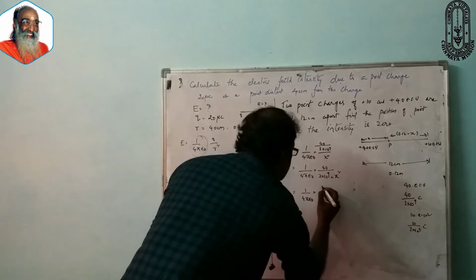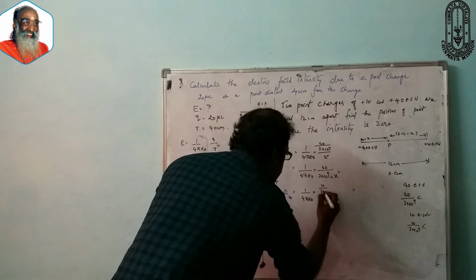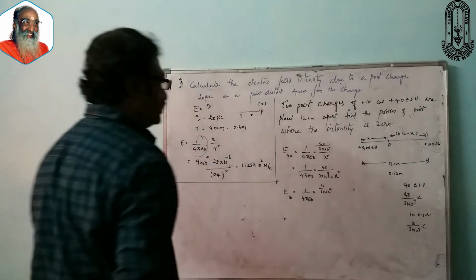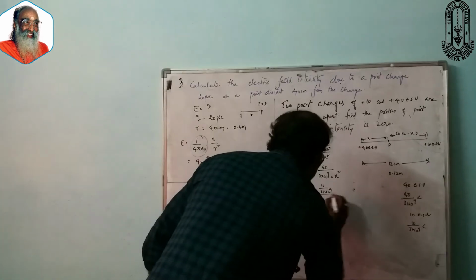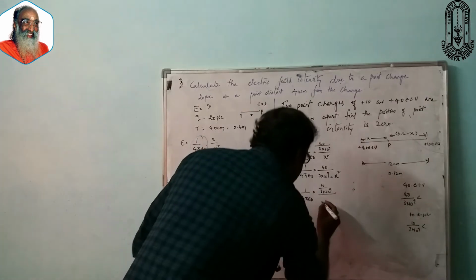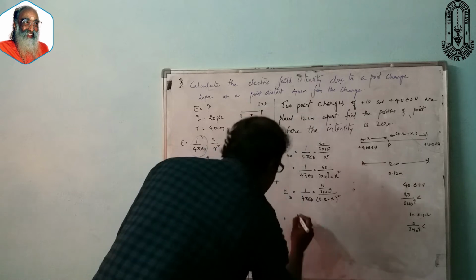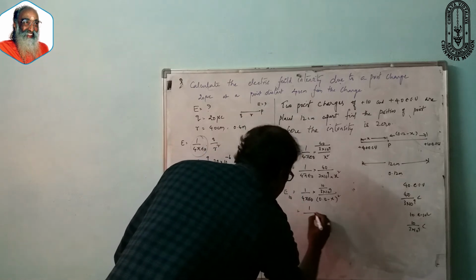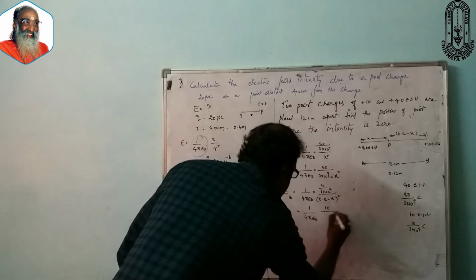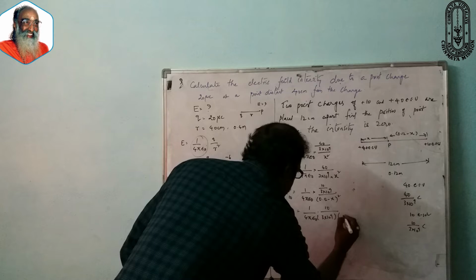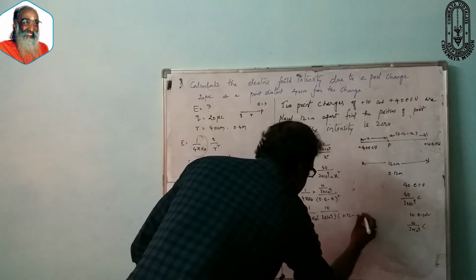So it is 10 by 3 into 10 to the power of 9 divided by the distance 0.12 minus x whole square. So this becomes 1 by 4 pi epsilon naught into 10 by 3 into 10 to the power of 9 into (0.12 minus x) whole square.